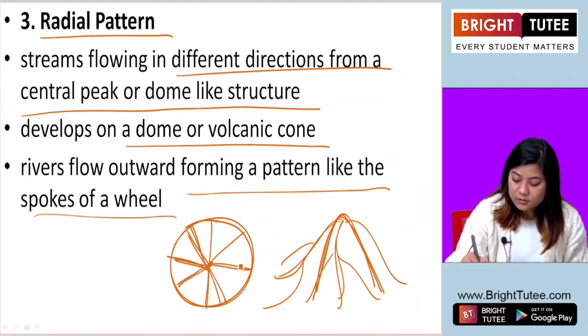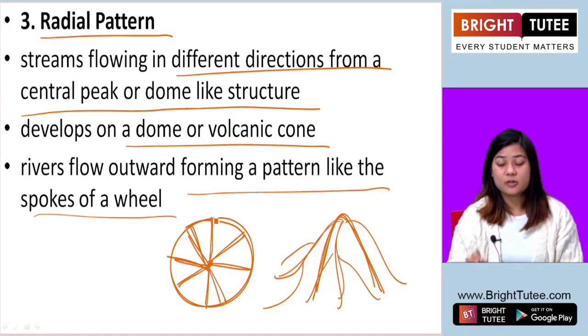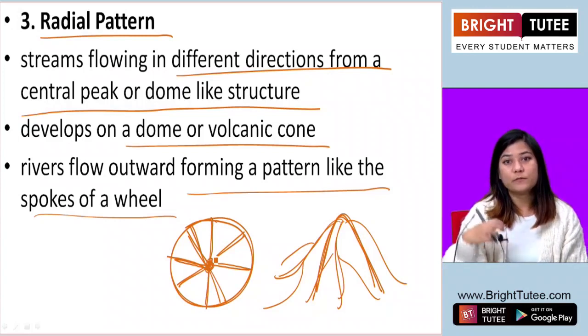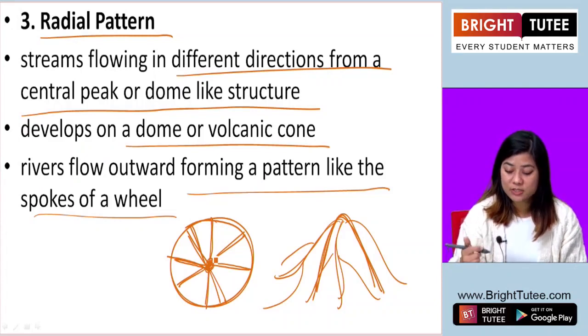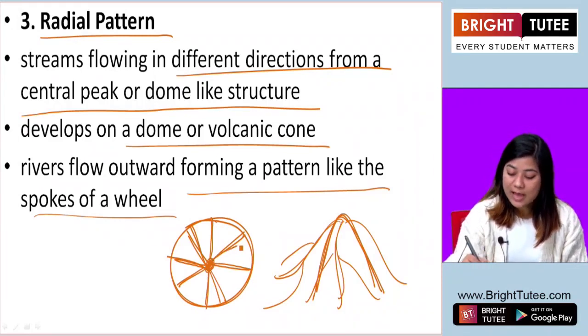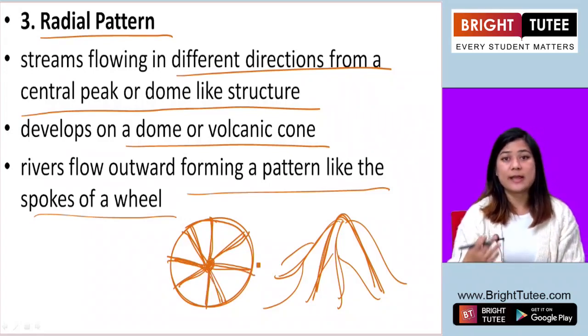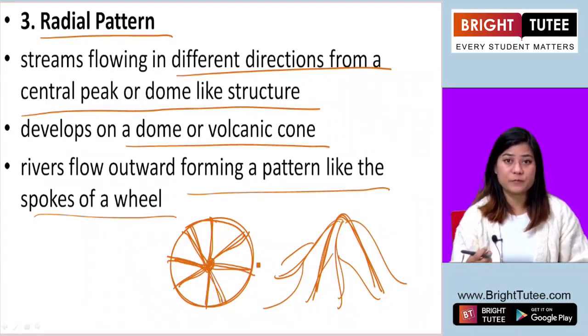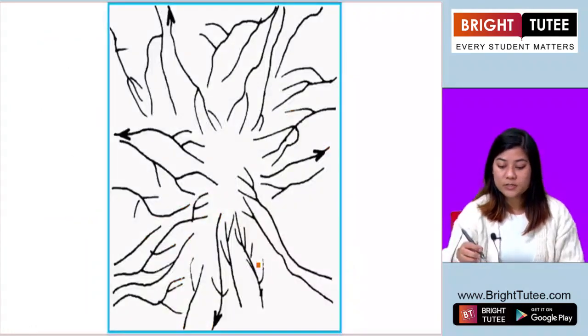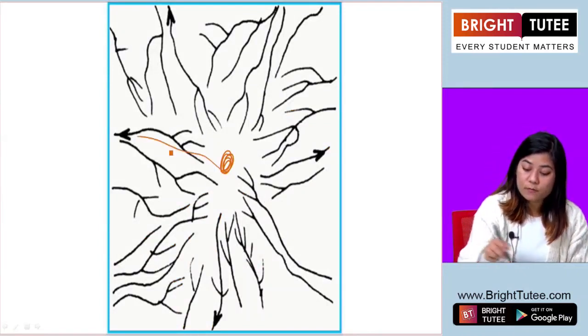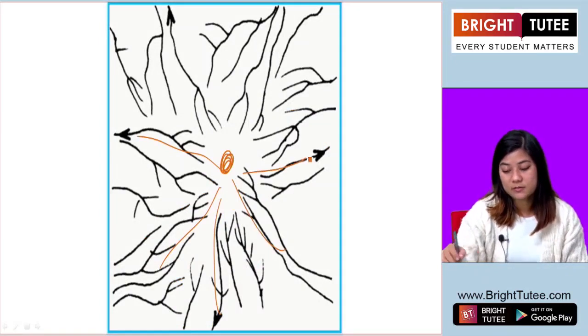All right, so the radial pattern looks similar to this, because from the center of the dome or the cone-like structure or the volcanic mountain or hill, the river flows outward, and it appears like the spokes of a wheel. Okay, so here you can see this is the center of the cone or the dome or volcanic cone, and the river flows outside of it.